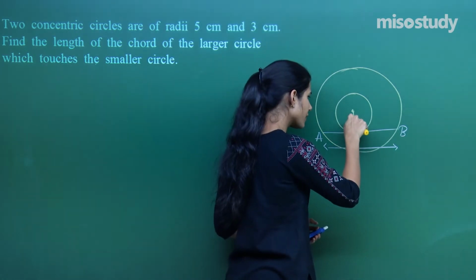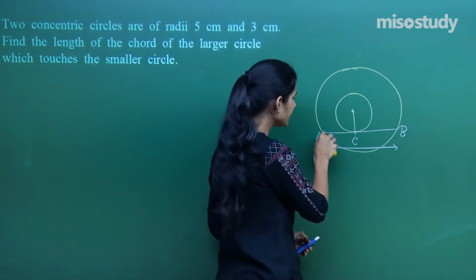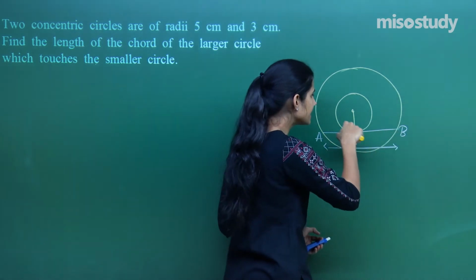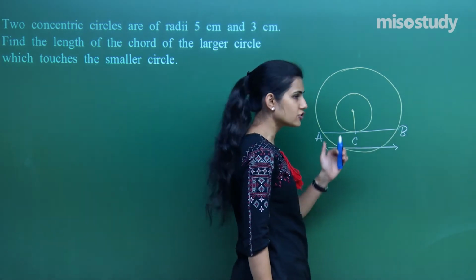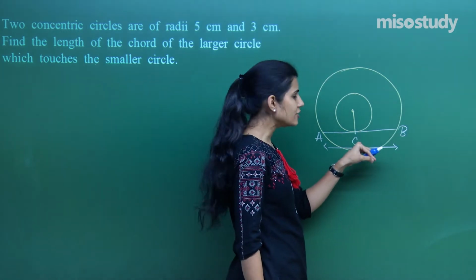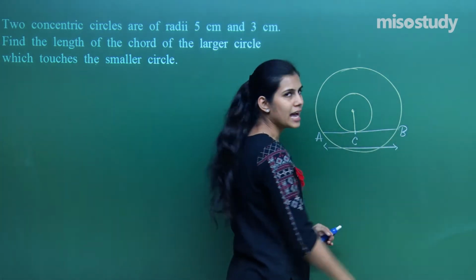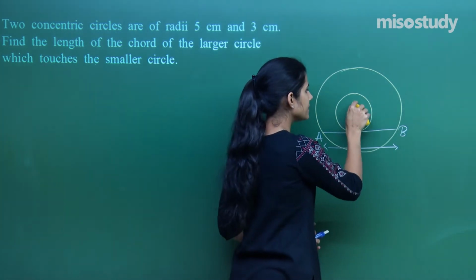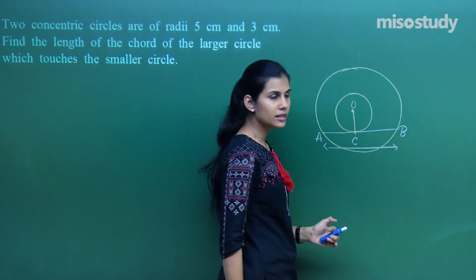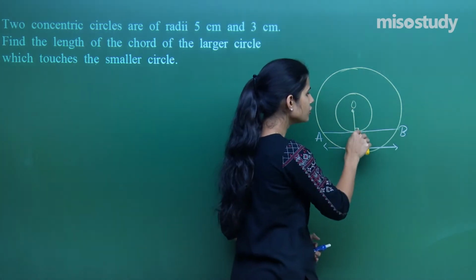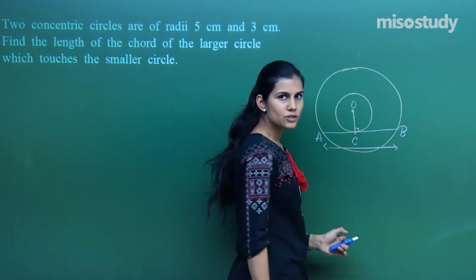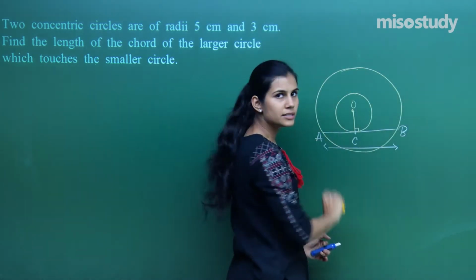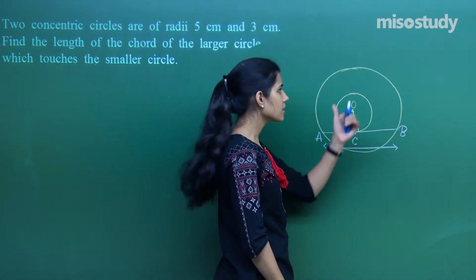If I join this over here, you can clearly see right now if you only look at the smaller circle and the AB chord, then AB is actually acting as a tangent to the smaller circle because it is only touching the circle at one point C. So the point of tangency is C, right, and AB happens to be tangent to the smaller circle, and therefore this OC, say this is O, then OC is the radius of the smaller circle, and I know that the radius is perpendicular to the tangent at the point of contact. So angle OCB happens to be 90 degrees.